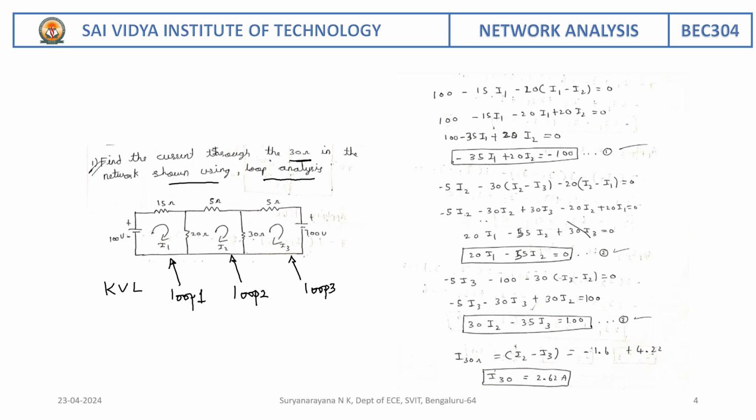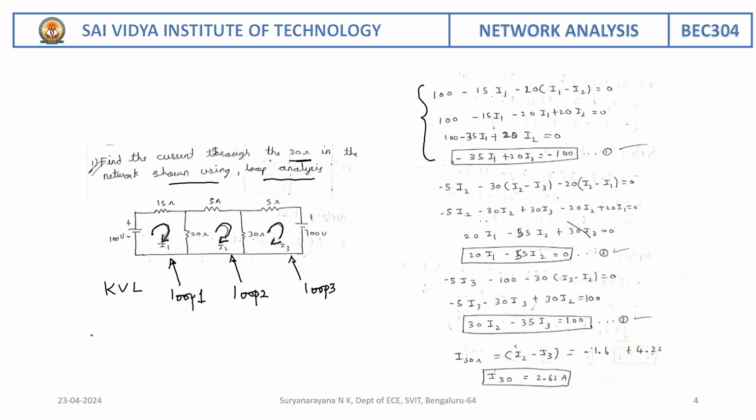So let us consider the current I1, I2 and I3 that is flowing in the clockwise direction. So with respect to the loop 1, we can write the following equation.